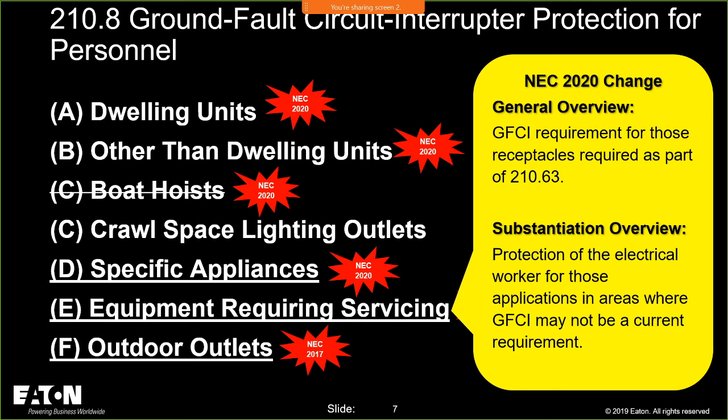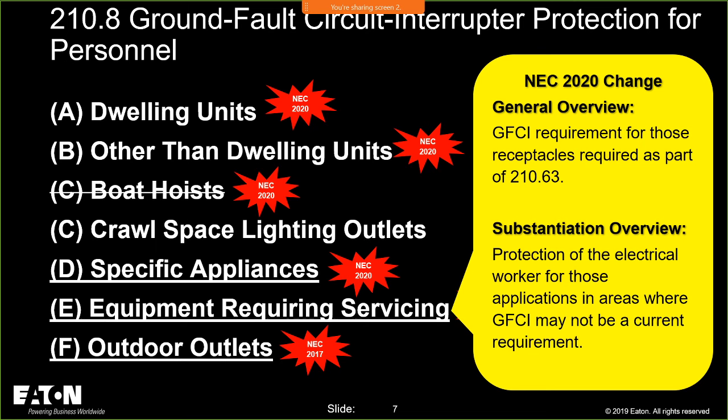Equipment requiring servicing. This is 210.8(E). What we did here was we made some changes back in 210.63 as well, with regard to where you're required to have a receptacle outlet for the maintenance person. They need to plug tools in, and they need to make sure that if they shut the equipment off, that receptacle is still powered up.